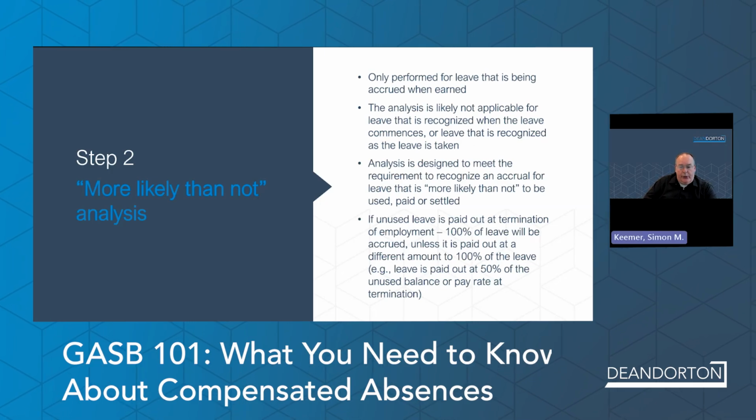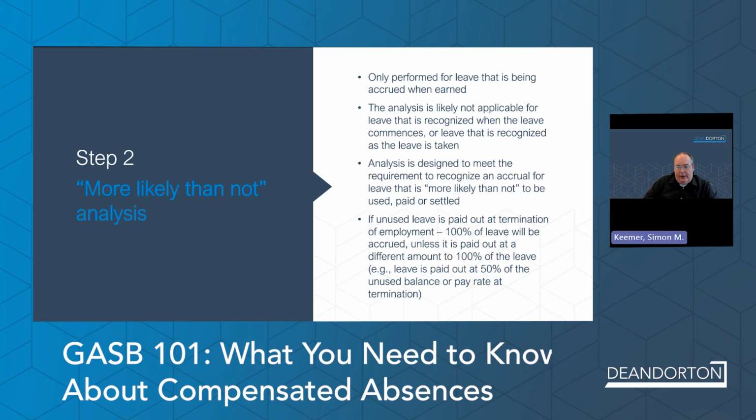Now, you do have to be careful if your policies are, well, any leave that you have accrued when you terminate employment, we will pay out at 50% of the unused balance or 50% of the pay rate at termination. Now, you do have to do this more likely than not analysis because now you've got this difference between, well, 100% of it is not going to be used or paid.